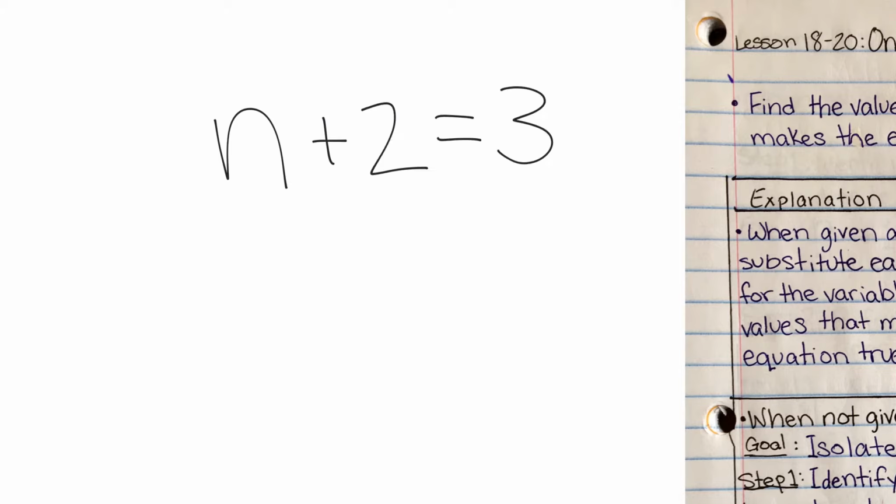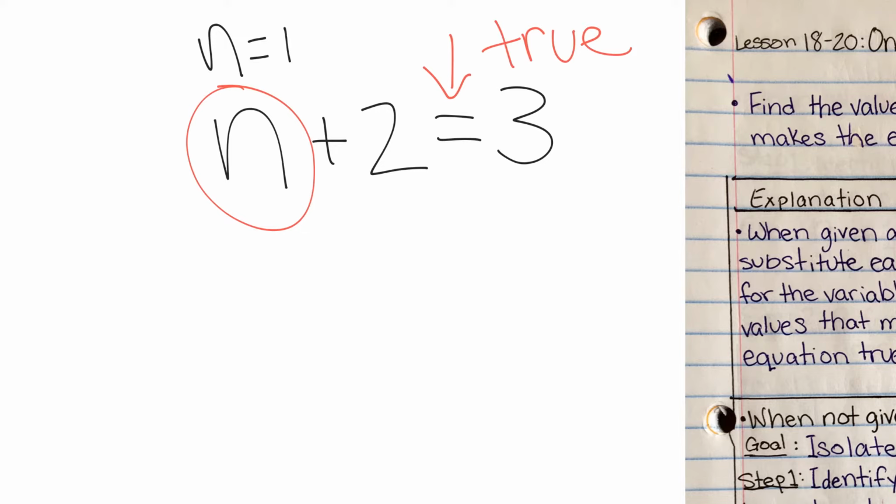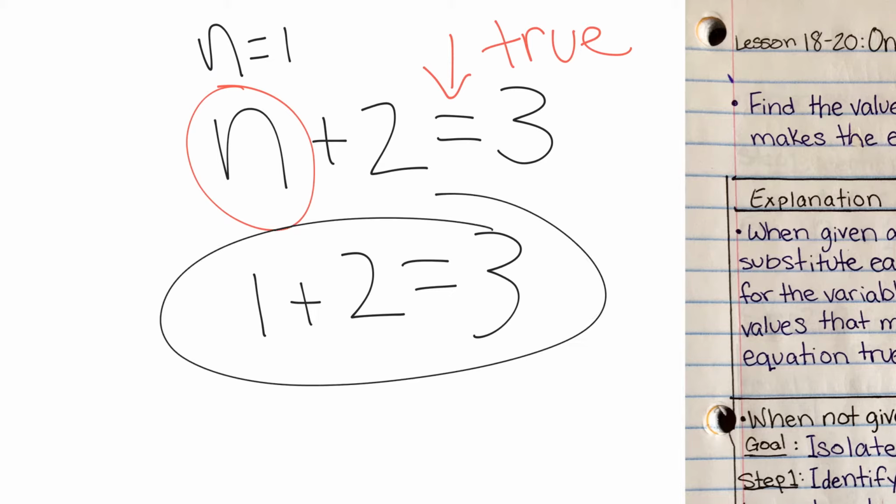We don't know if this equation is true or not, because we don't know what this n is yet. You probably know off the top of your head that for this statement to be true, n would have to equal 1. So if n = 1, we have 1 + 2 = 3, and voila, this is true.